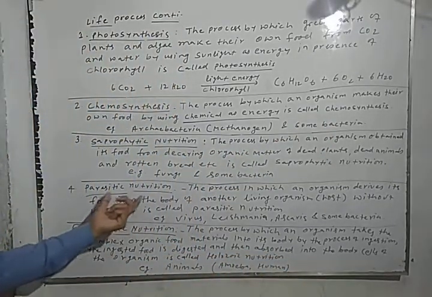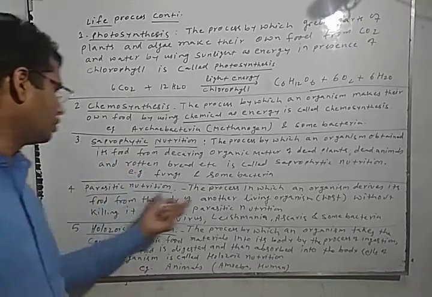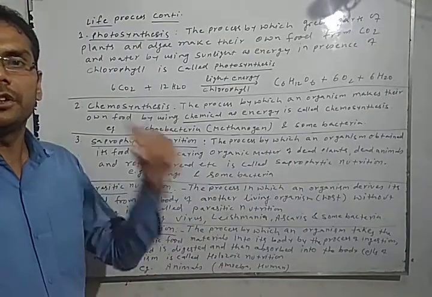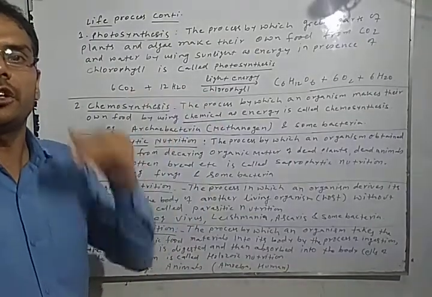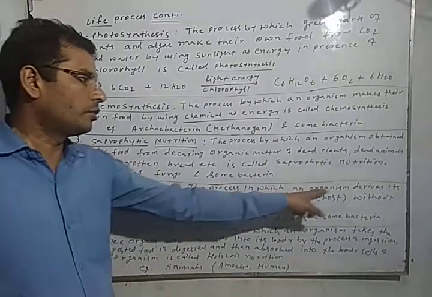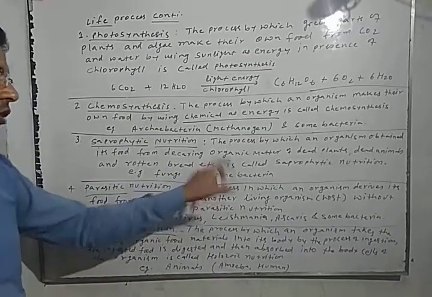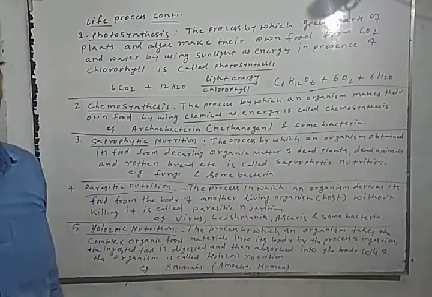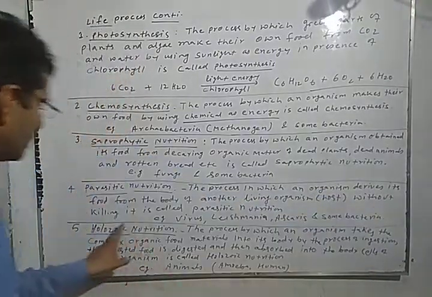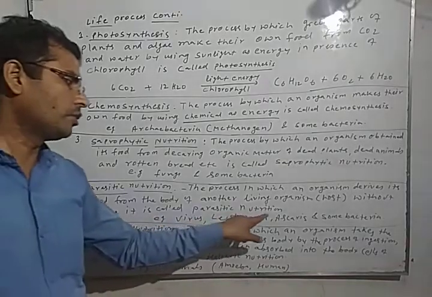Now next one, parasitic nutrition. In parasitic nutrition, the organisms obtain their food from other living organisms without killing them. The process in which an organism derives its food from the body of another living organism, which is called the host, without directly killing it, is called parasitic nutrition.